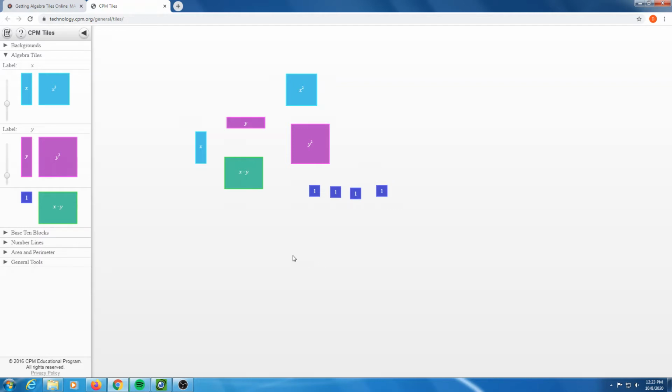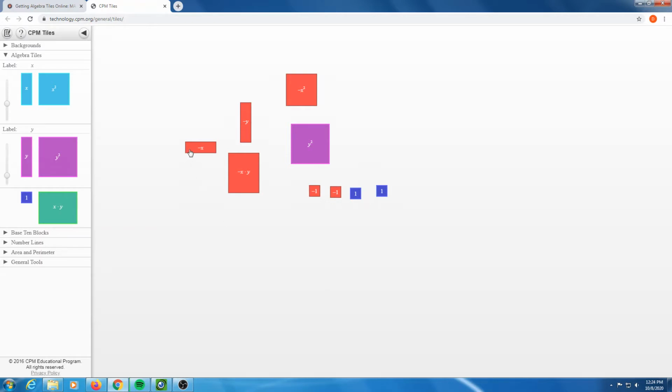Now, you've seen that you can rotate these ones by double clicking. Okay, you can rotate that, I guess, but it's just a square, so it doesn't really rotate. If you single click it, then it turns red and it becomes negative. So all of these tiles could be negative as well if you just click them once.